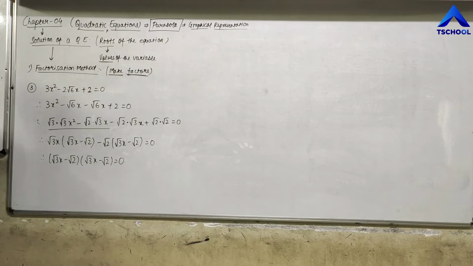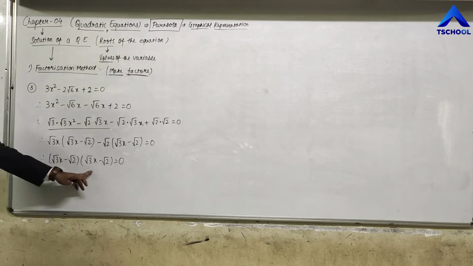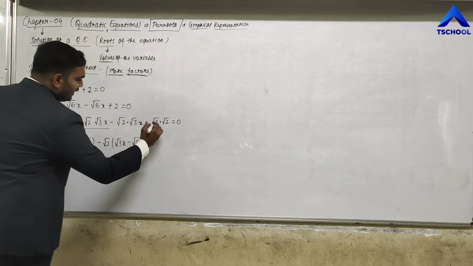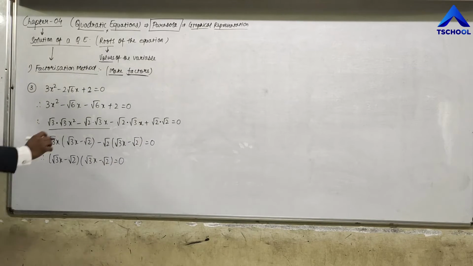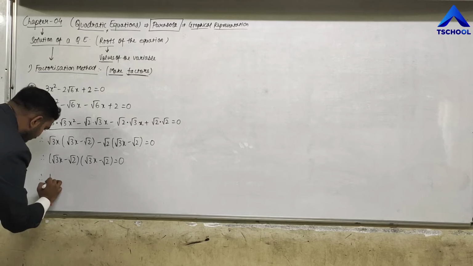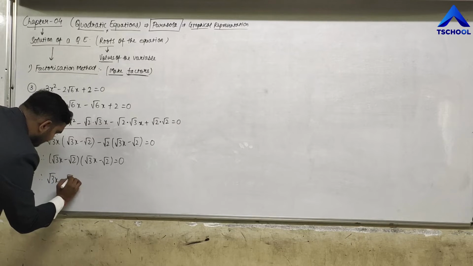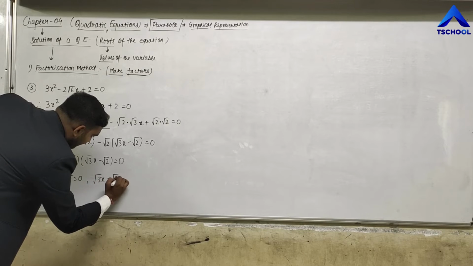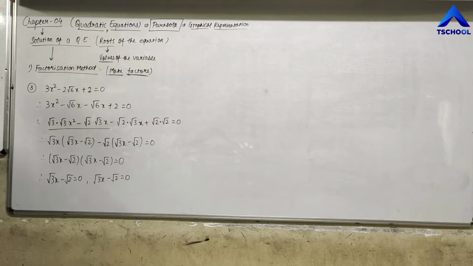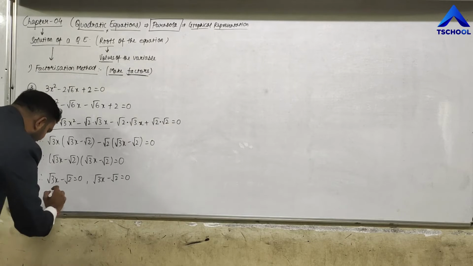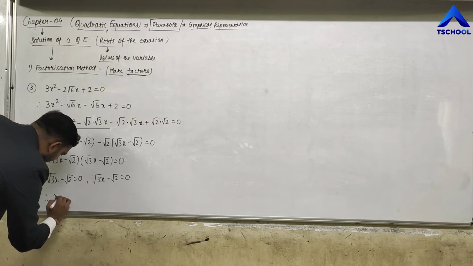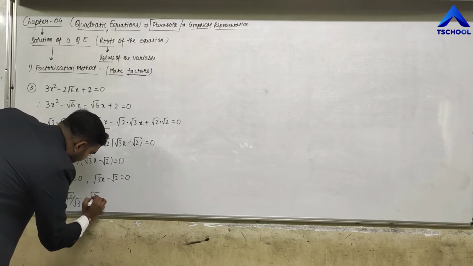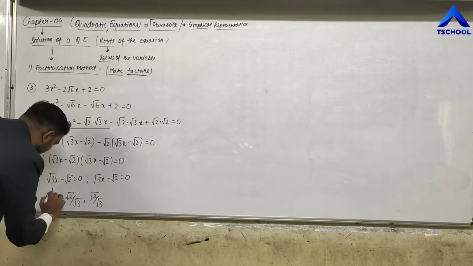You might note, friends, that both the factors that we got here are same. Therefore, root 3x minus root 2 equals 0 and root 3x minus root 2 equals 0. Therefore, what we can write down now is x equals root 2 by root 3 and root 2 by root 3.